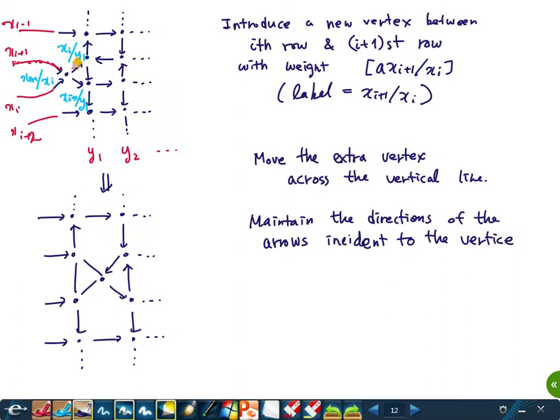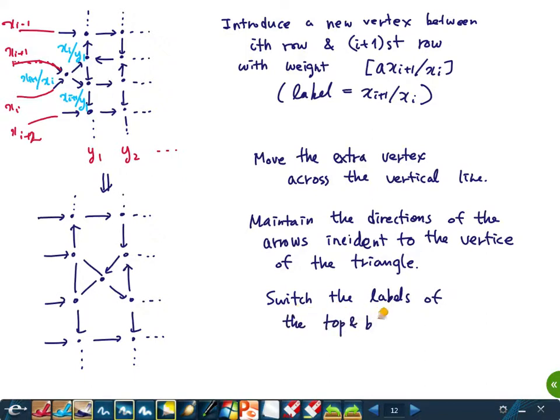So we have a triangle, like this triangle, and now it becomes like this triangle. And what about the label? Then we're going to switch the labels of the top and bottom vertices of the triangle. Move the triangle.